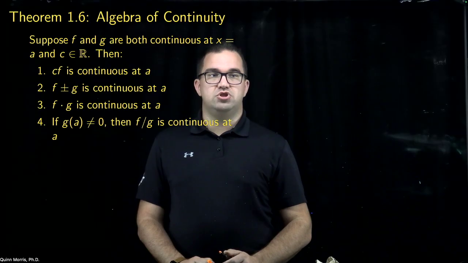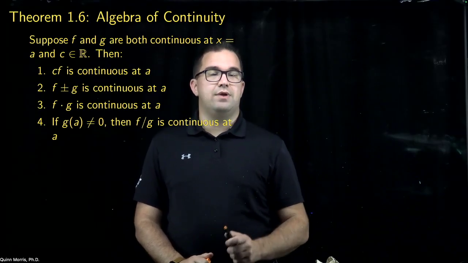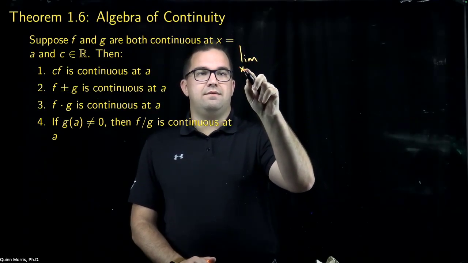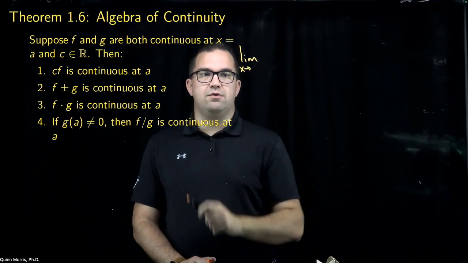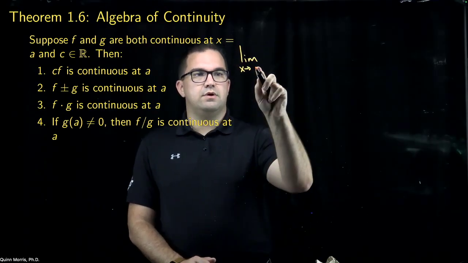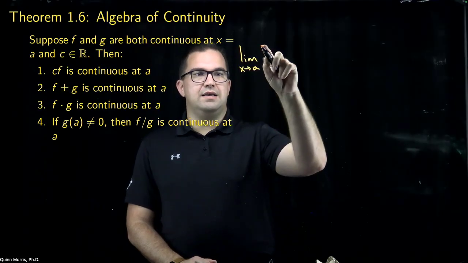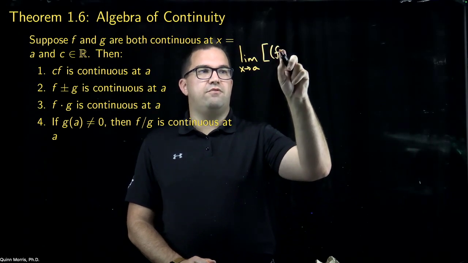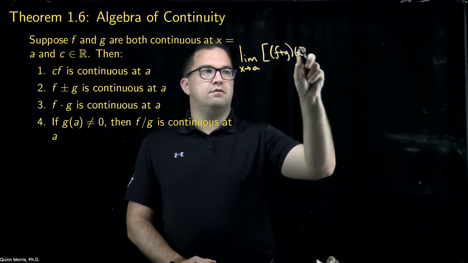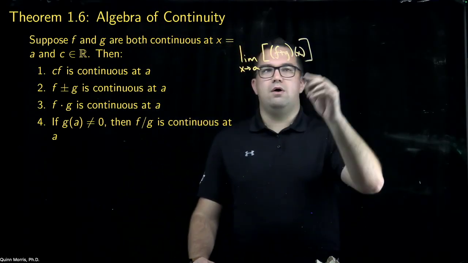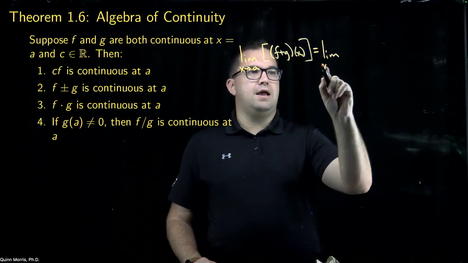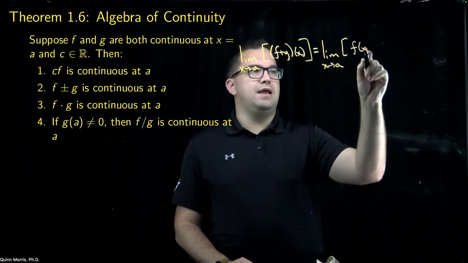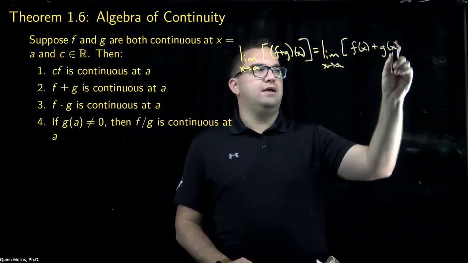So if I know f and g are both continuous at x equals a, what does that tell me? Let's say we wanted to prove the second one here in the plus case. I want to look at the limit as x approaches a of the function f plus g of x. Well, what is that? That's the limit as x approaches a of f plus g of x, which is just the function defined to be f of x plus g of x.